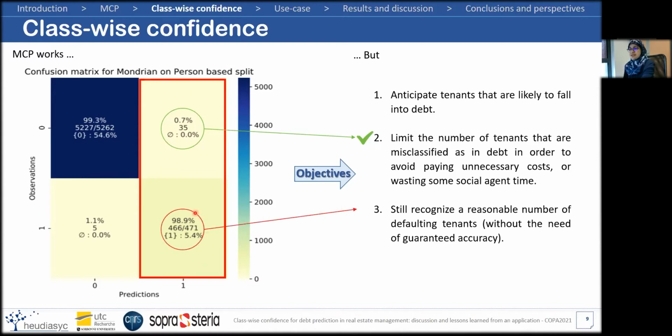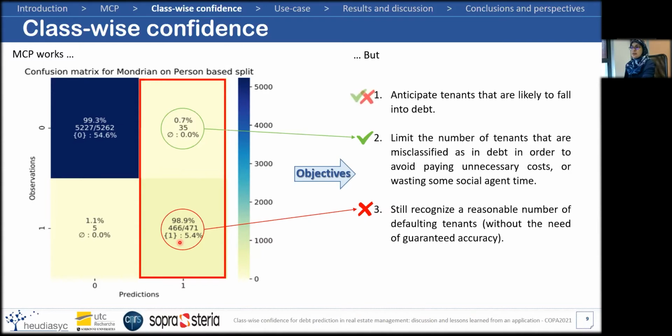But in this little cell here, it doesn't really work that well, because even if we have 99% of correctly predicted tenants in debt, we still have only 5% singletons. So 0-1 set predictions are the majority here, and for these cases we still need the intervention of an expert who will need to decide if it is a 0 or a 1.